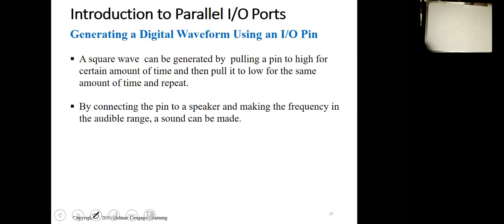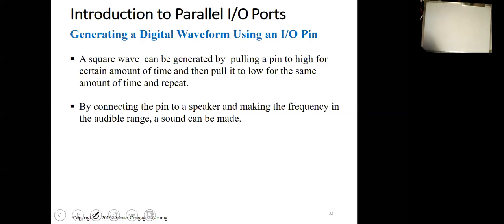The next thing that is discussed in this chapter is generating digital waveforms using input-output pins. We can connect different types of devices to these pins. The simplest output devices are the LED and 7-segment display.